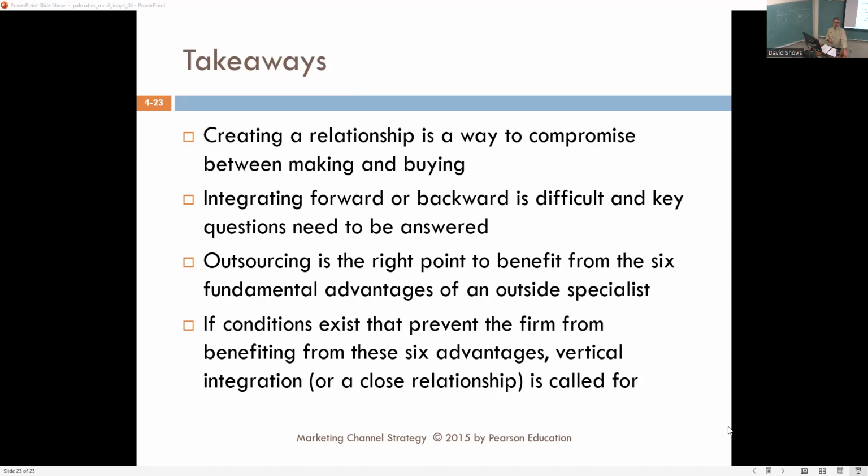Remember that every channel function needs to be taken into consideration for vertical integration. Just remember that nothing is ever binary. There is no absolute buy or absolute make, but there are many variations in between.